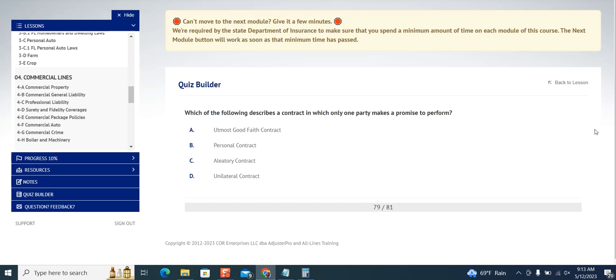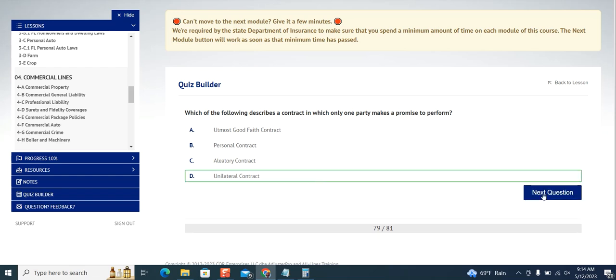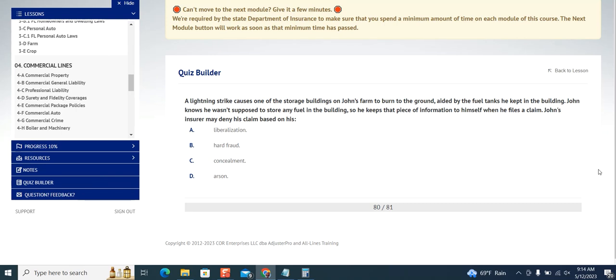Which of the following describes a contract in which only one party makes a promise to perform? Anytime you see that uni, that means one. Let's see. A lightning strike causes one of the storage buildings on John's farm to burn to the ground. Aside from the fuel tanks he kept in the building, John knows he wasn't supposed to store any fuel in the building, so he keeps the piece of information to himself.